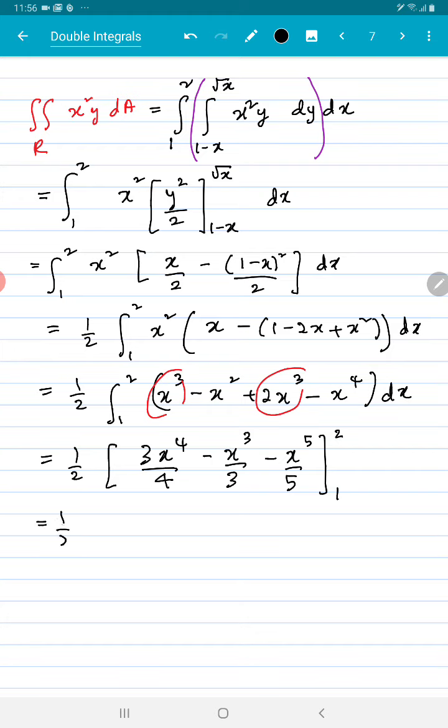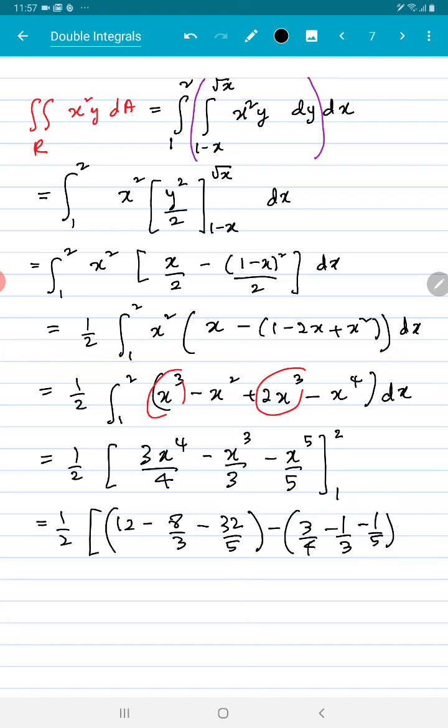Okay, replacing x with the upper limit, we have 2 to the power of 4, which is 16, divided by 4 is 4. 4 times 3 is 12. And here we have 8 over 3 minus 32 over 5, so that is the upper limit, minus the lower limit, 3 over 4 minus 1 over 3 minus 1 over 5.